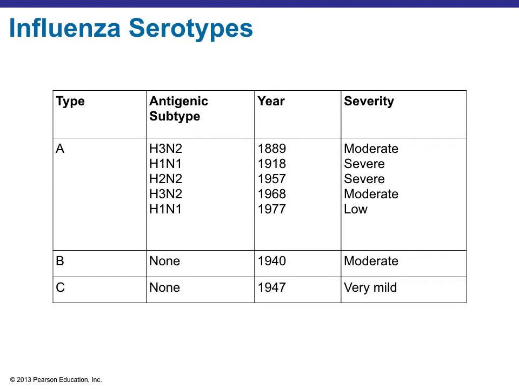In type A, for example, H3N2, H1N1, H2N2, H3N2, H1N1, with emergence in different years, as you can see in the next column, as well as the severity. Type A is most common, and these are the known outbreak strains in humans.